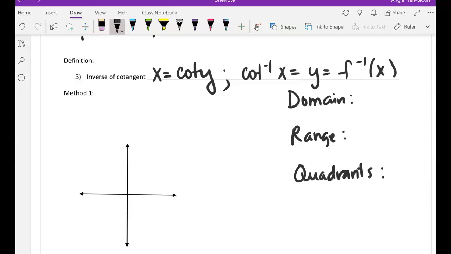So we are now going to state the domain of our inverse. What is the domain of our inverse? All reals. Because the range of the regular is all reals. So this is all reals.